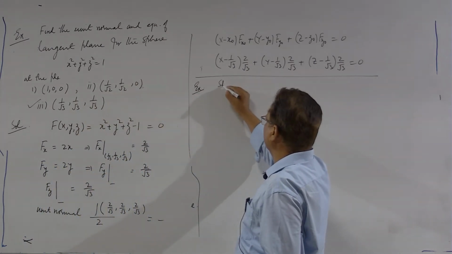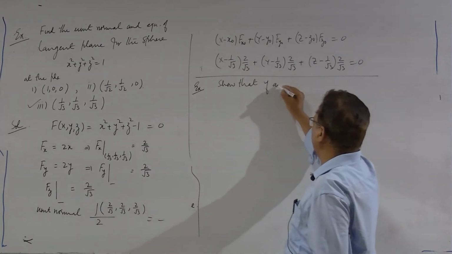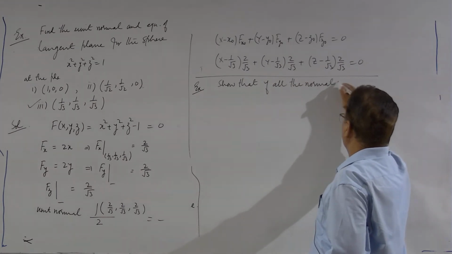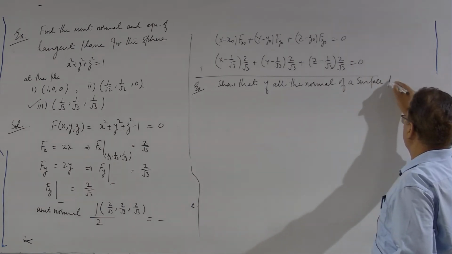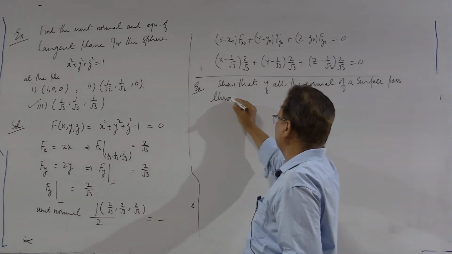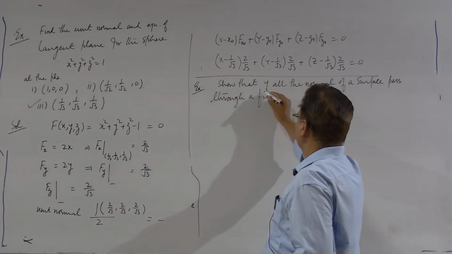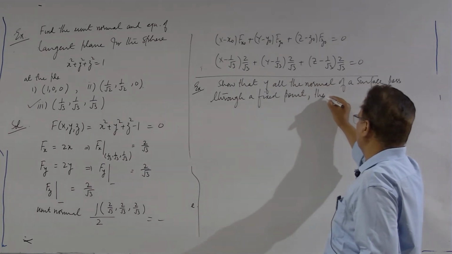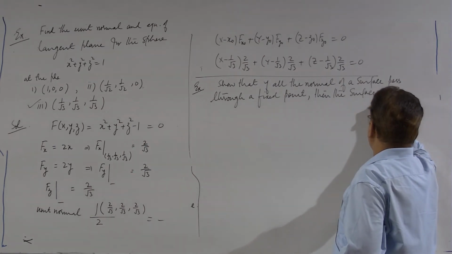Show that if all the normals of a surface pass through a fixed point, then the surface is a sphere.